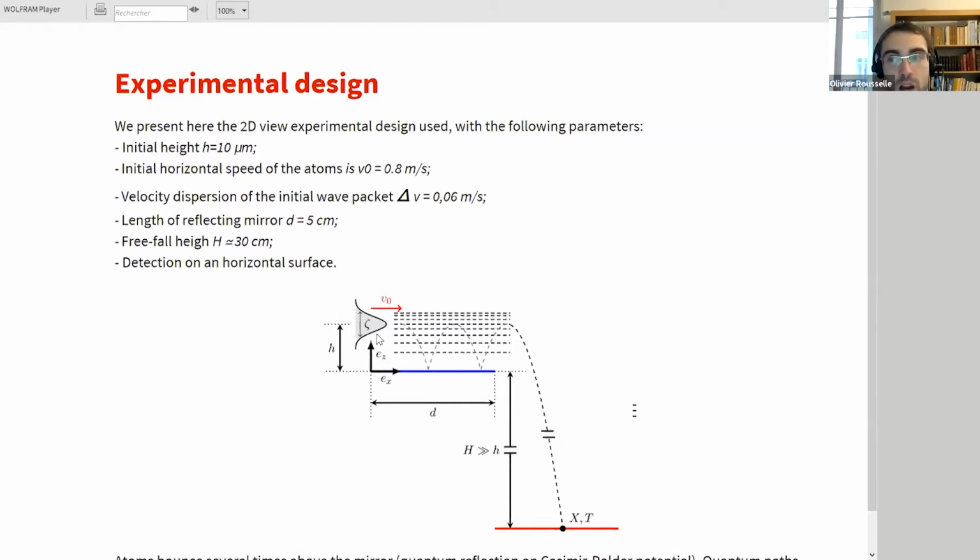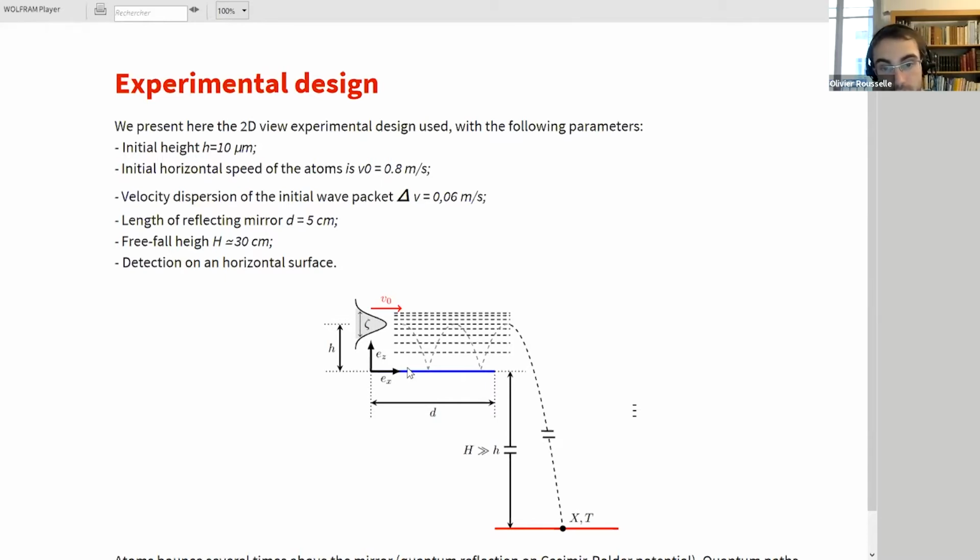At the beginning, we have the neutral antihydrogen, described in the ground state as a Gaussian wave packet with a dispersion zeta in position and dispersion delta V in velocity. It has an initial speed V0, due to the kick induced by the laser.